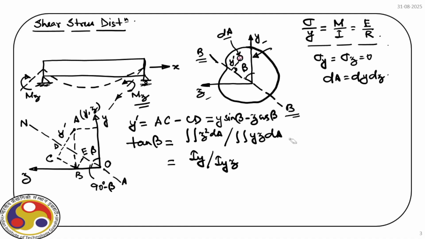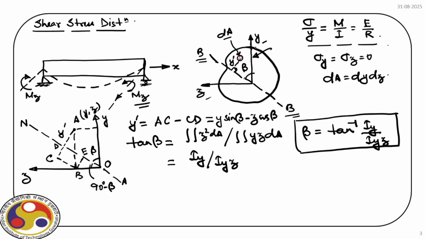So this is important because beta equal to tan inverse Iy by Iyz, and it gives the orientation of the neutral axis with respect to y. Now if we have any arbitrary section, we can first find out Iy and Iyz, and the moment we do that, we get the orientation of the neutral axis.